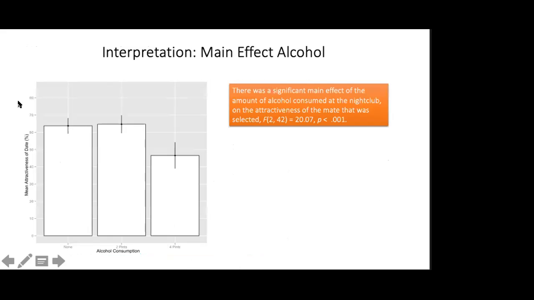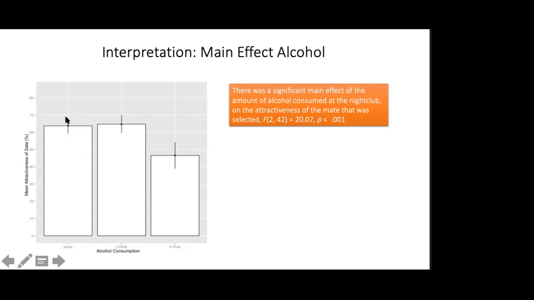All right, and as I said, if you have a significant interaction, we generally plot our data. It's really important to plot it to understand what's going on. First, this is an illustration of the main effect of alcohol.